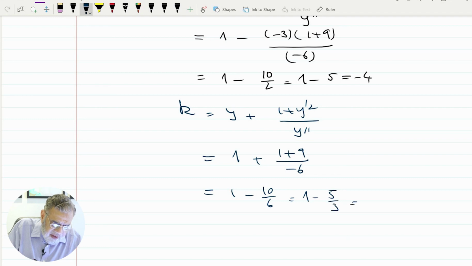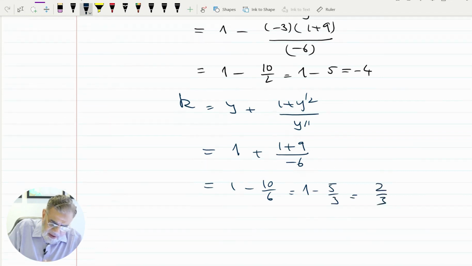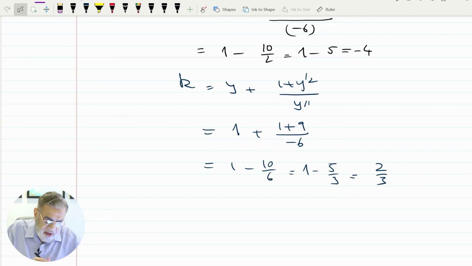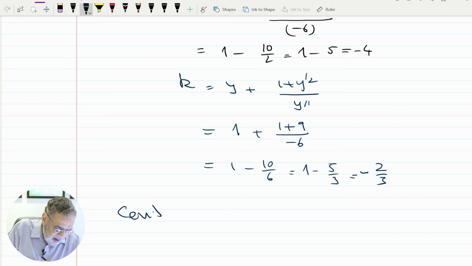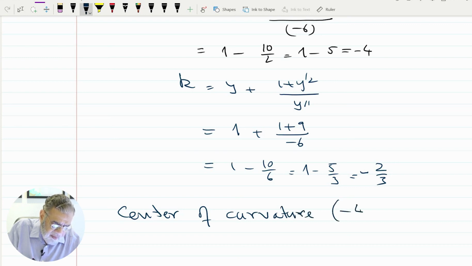I simplify this and we get minus 2 upon 3. So my center of curvature is equal to, my h value is minus 4 and my k value is minus 2 by 3. So this is my center of curvature.